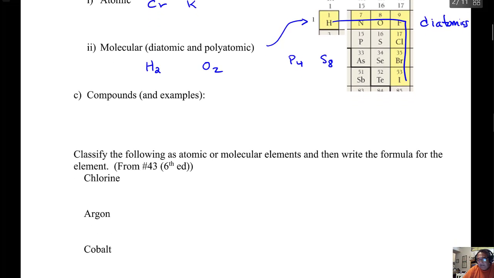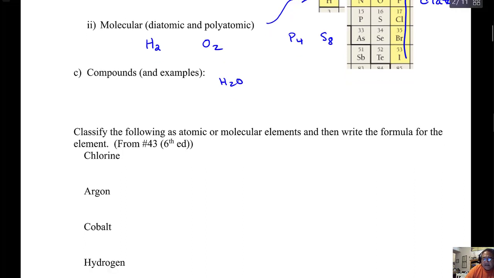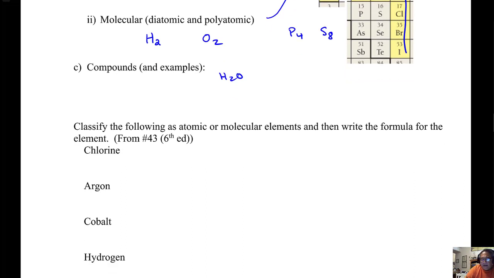Now, compounds have 2 or more different elements. A compound would be, for example, H2O. That's the one we use most commonly as an example. But it could be glucose, C6H12O6, or things that are even more complicated than that.